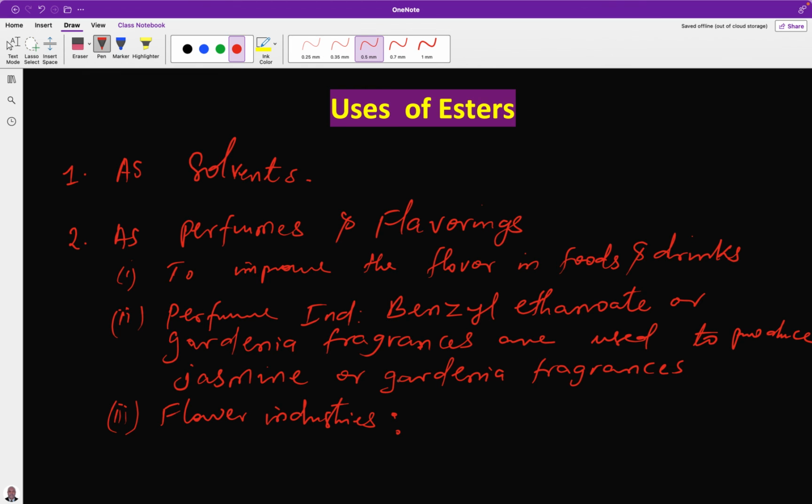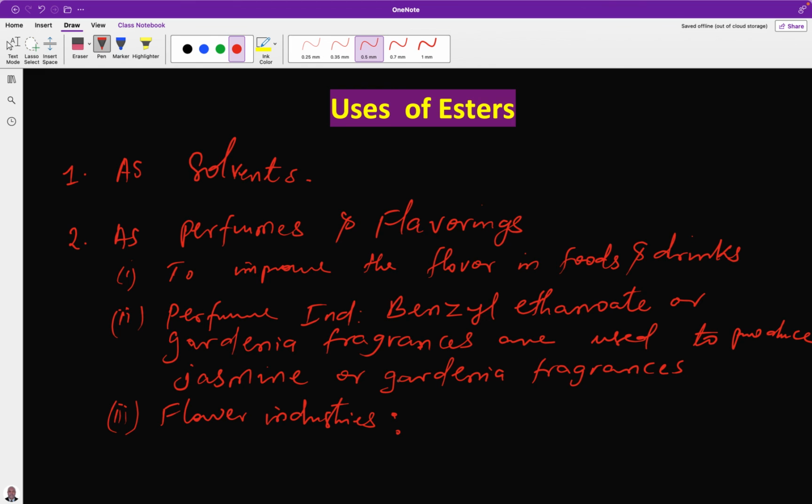So, learners, these are some of the uses of esters. I said they are used as solvents. They are also used as perfumes and flavorings in industries such as the food and drink industries. They help to improve flavor in food and drinks. I gave the example of ice cream and fruit juice that you drink.